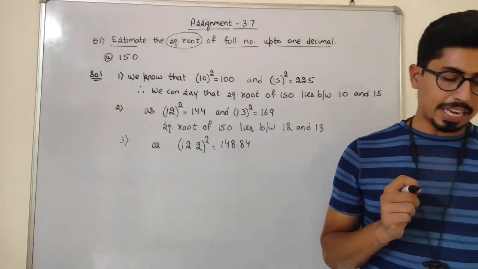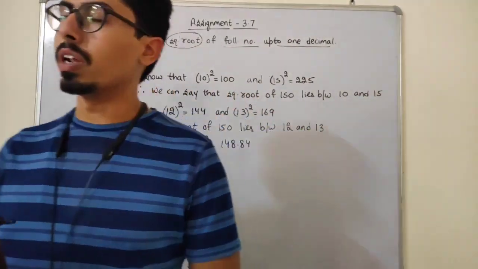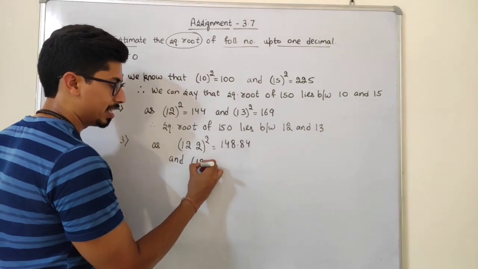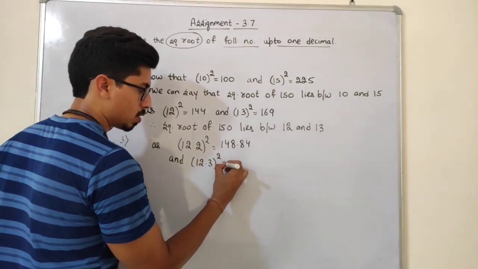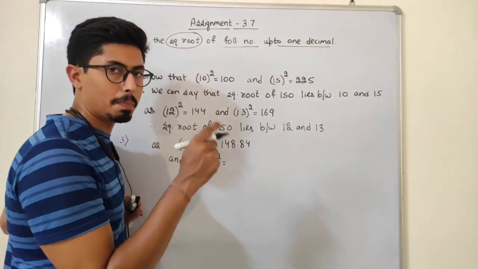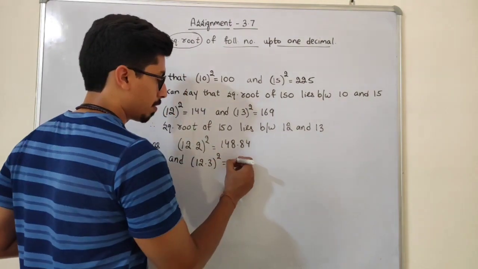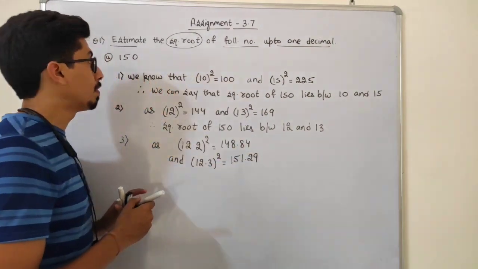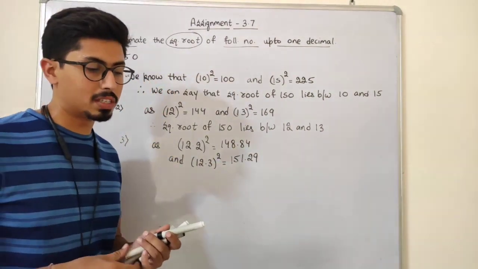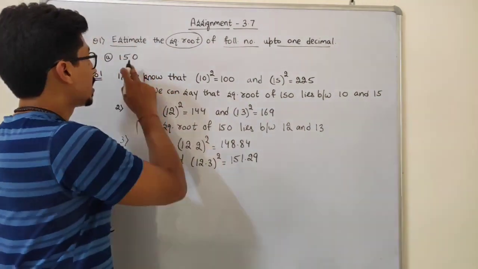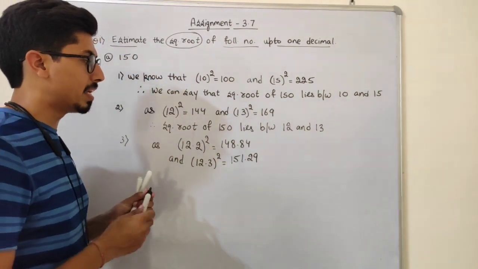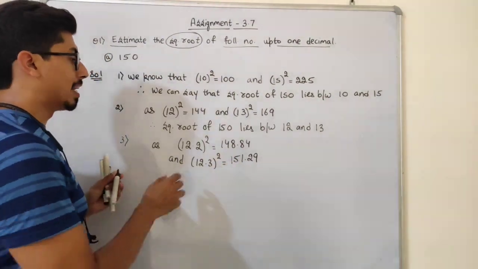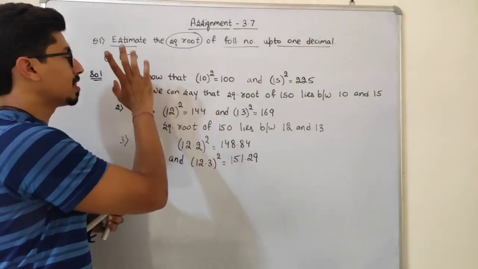And if I take 12.3 squared, that means 12.3 multiplied by 12.3, it is 151.29. So the number 150 is nearer to 12.2 squared, and 151.29 is greater than it.